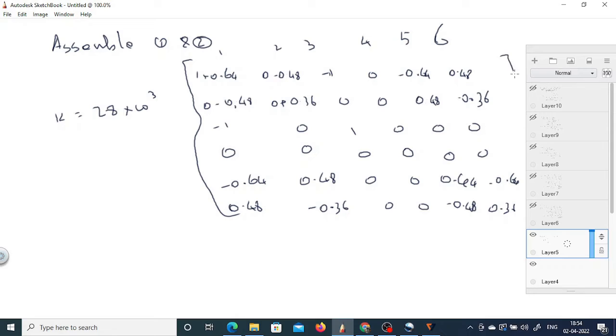So I assemble all the 6 rows and 6 columns with each other. From this I get the new stiffness matrix of the assembly of the first equation and second equation, which is our next step.